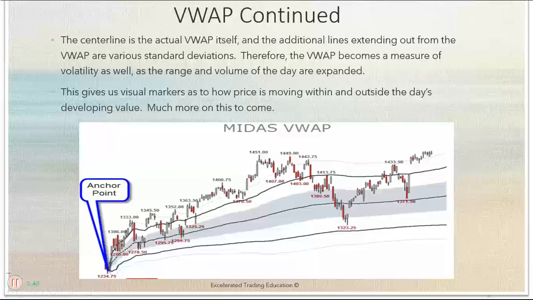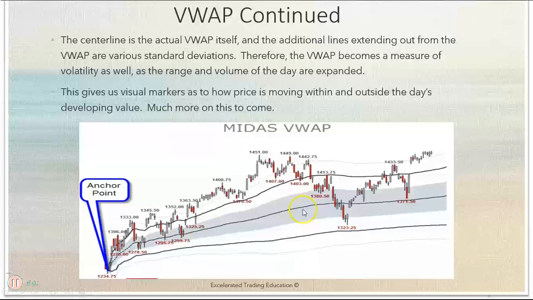All right, VWAP continued. The center line is the actual VWAP itself, and the additional lines extending out from the VWAP are various standard deviations, as I just mentioned. Therefore, the VWAP becomes a measure of volatility as well, as the range and volume of the day are expanded, right? We can see that here. Tight here, volume comes in, boom, big volume expansion.